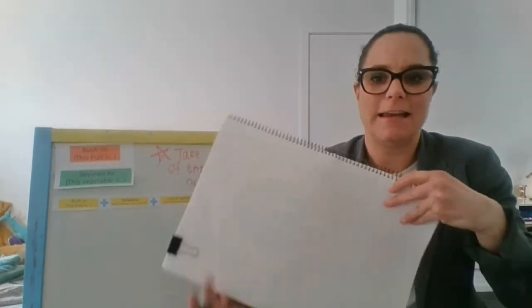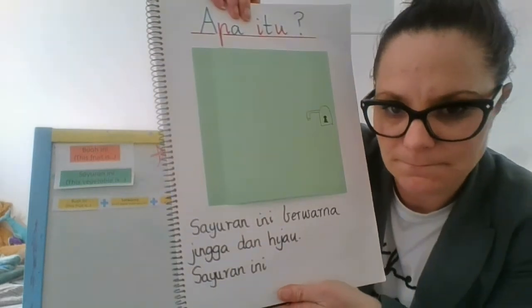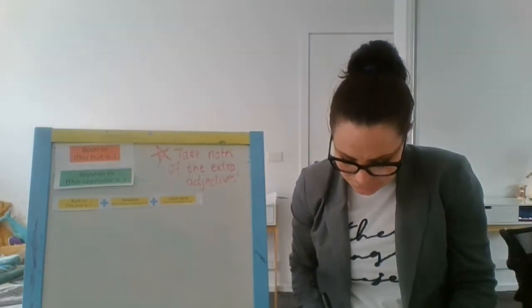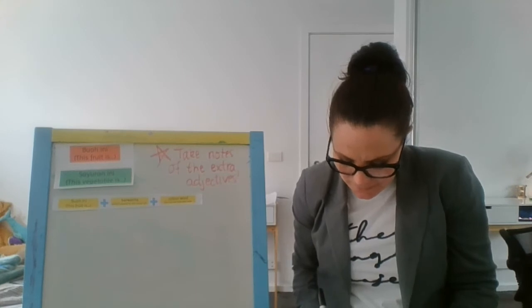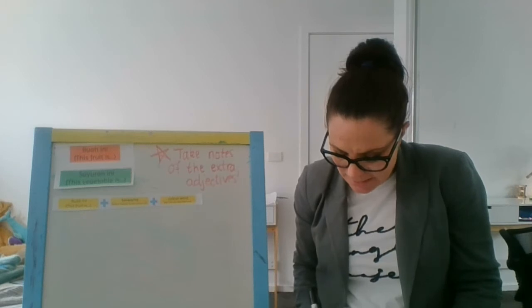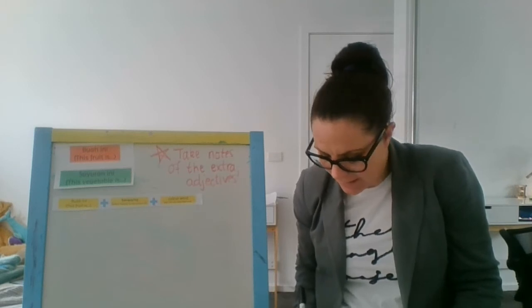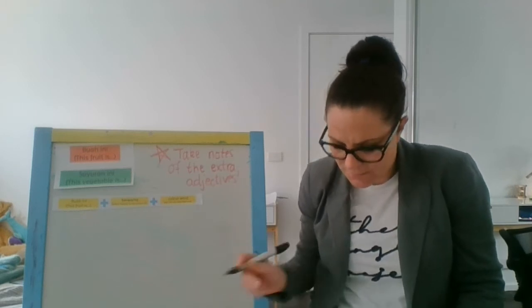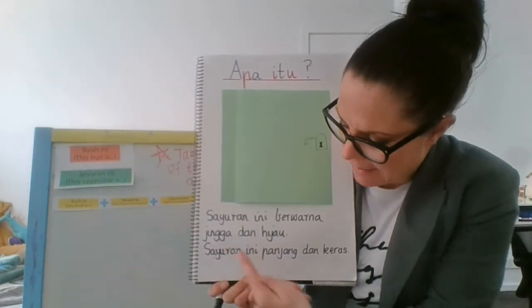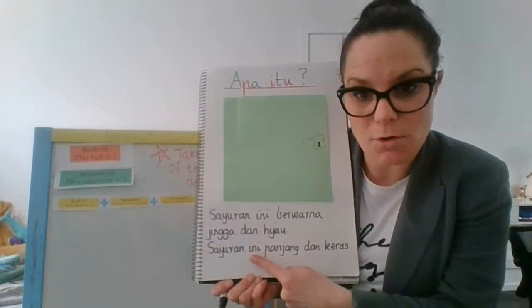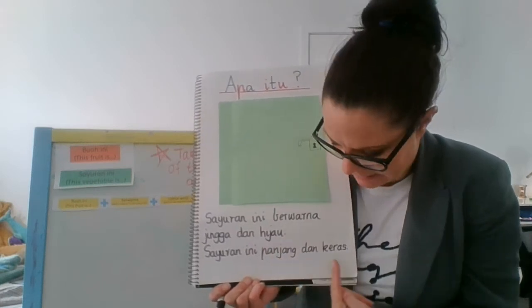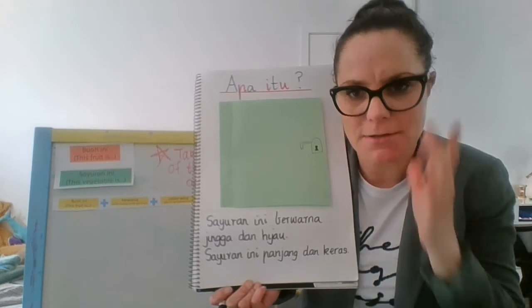So sayuran ini, and then I'm going to write panjang, which if you remember in the slides, means long, dan keras, which means and hard. So I've just written sayuran ini, this vegetable is panjang, is long, dan keras, and hard.